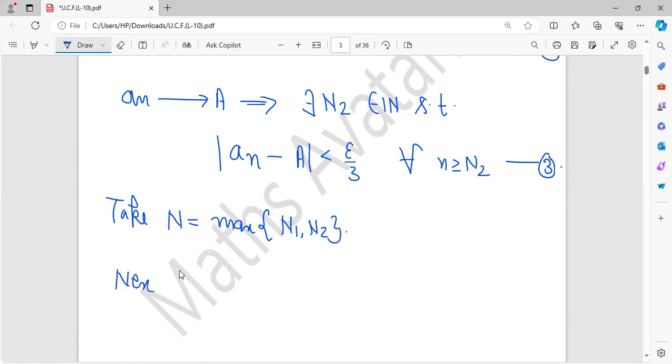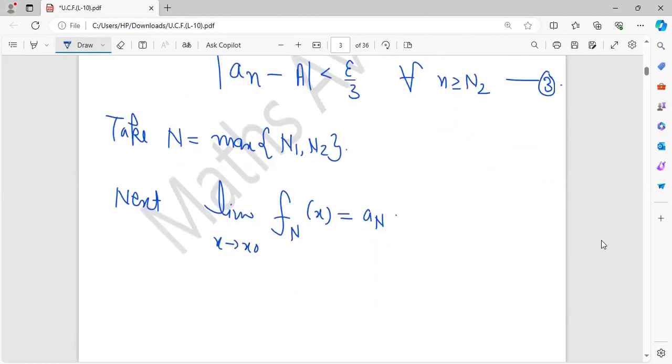Next, the limit as x tends to x naught of f_n(x) is a_n. It is given in the question, in the assumption. Then what is the meaning of this?